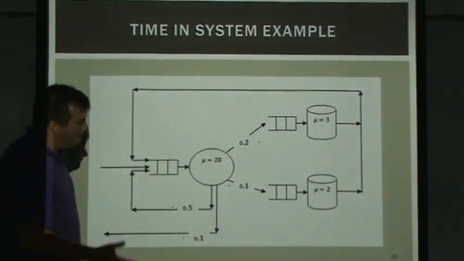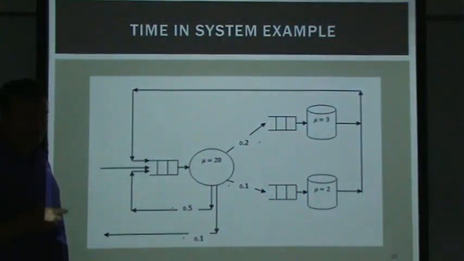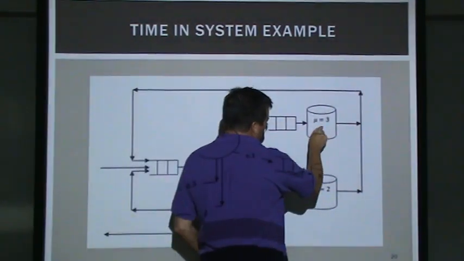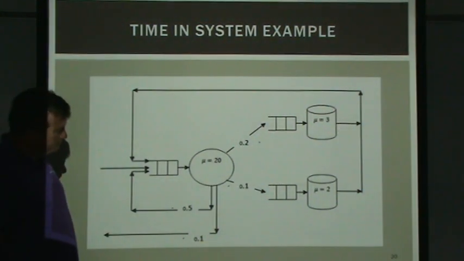And the question gives the service speed. The CPU operates at a speed of 20 per second. And disk drive 1 can operate at a speed of 3 per second, and disk drive 2 can operate at a speed of 2 per second.